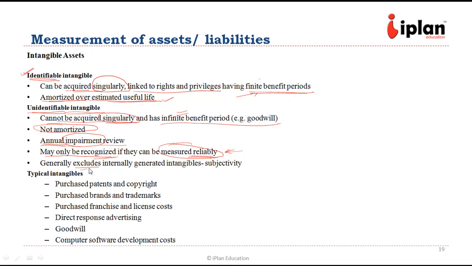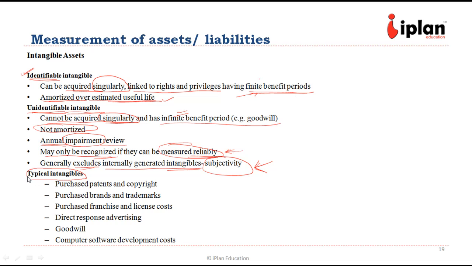The unidentifiable intangible also excludes internally generated intangibles because there will be a lot of subjectivity. For example, if there is internally generated brand value or goodwill, it cannot be recognized. But if it is acquired or purchased, in that case it can be recognized, since there is no subjectivity involved.